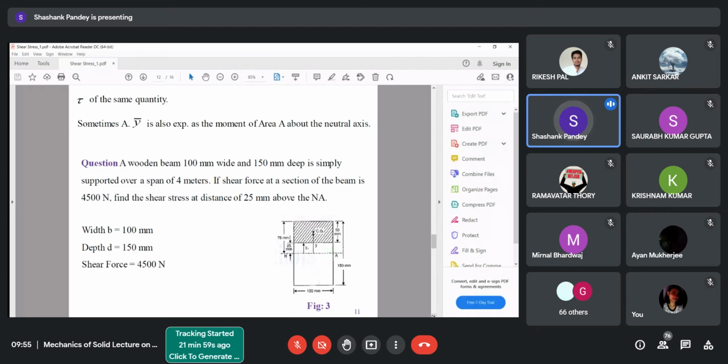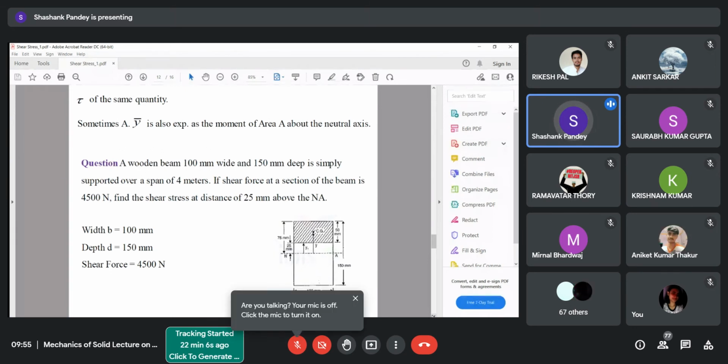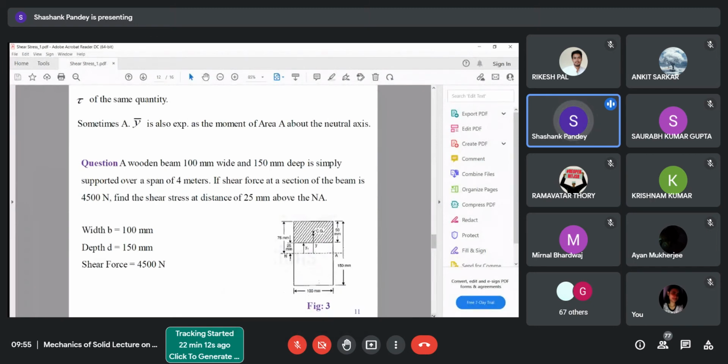The shear force at a section of the beam is given as 4,500 Newton. We are supposed to calculate the shear stress at a distance of 25 mm above the neutral axis.